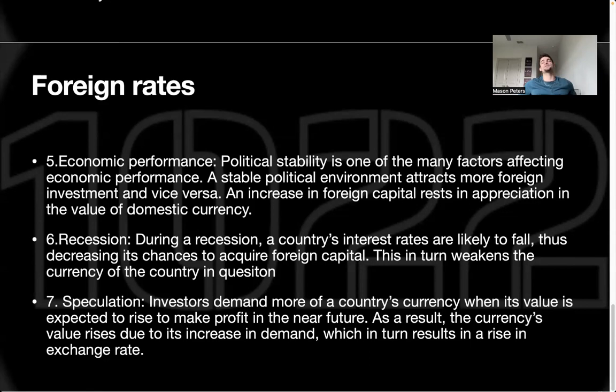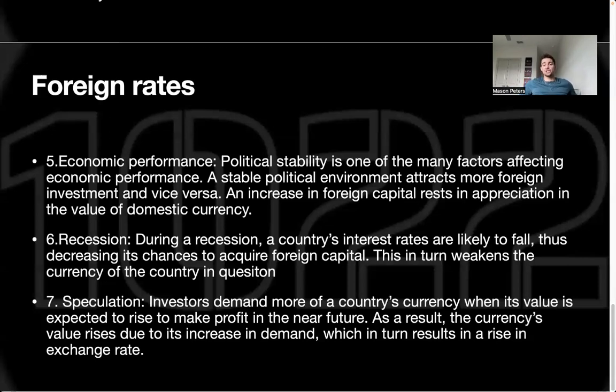Venezuela is one of the most corrupt countries on the planet. Their currency is virtually worth nothing. Mexico, corruption, drug war, gangs, mafias, drug lords, corrupt, currency is worth nothing, right? And that's literally the best example for economic performance, okay? Is political stability.